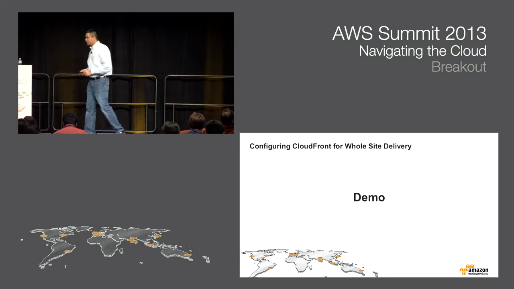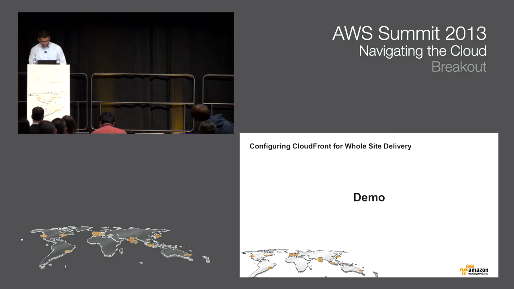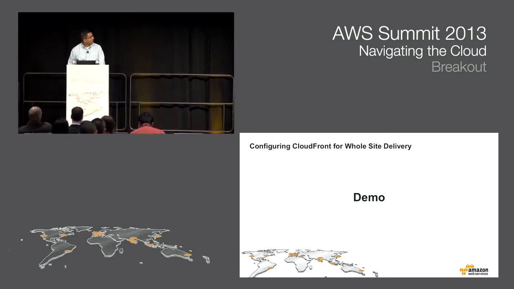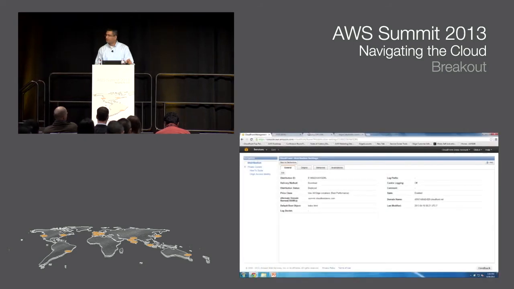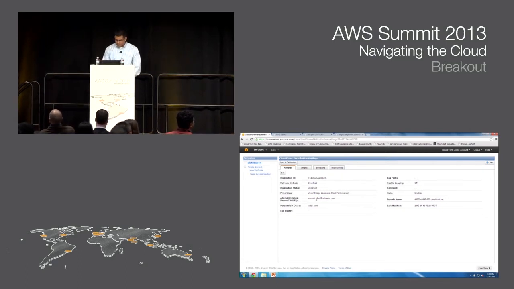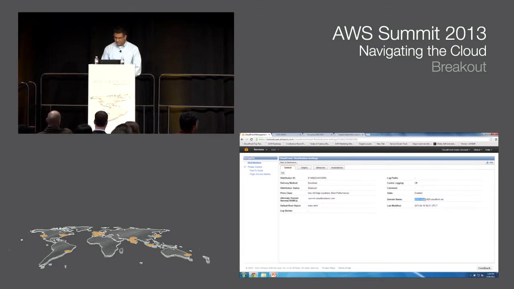So at this point, let's switch over to the demo. All right, so what you see here is the AWS Management Console, and I'm in the CloudFront tab here. And I've created a CloudFront distribution, which is D3957.